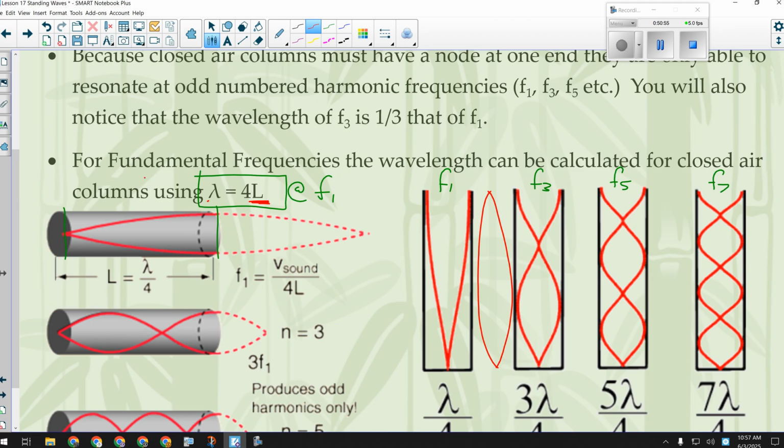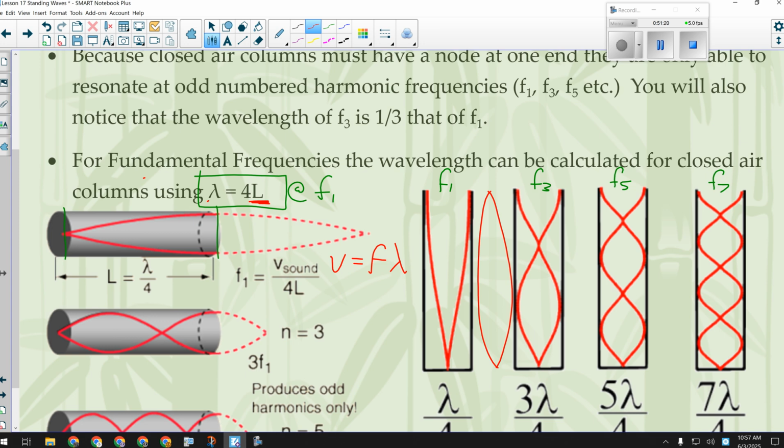Since I gave you the ability to calculate the speed, we're right back to this. You would know lambda, you would know v, and you could calculate the frequency being produced. Nothing mathematically difficult, but you have to understand what the waves look like, and the nature of waves themselves to get to the universal wave equation.